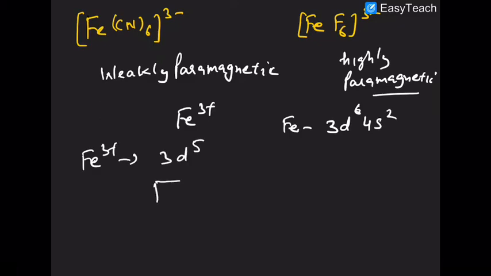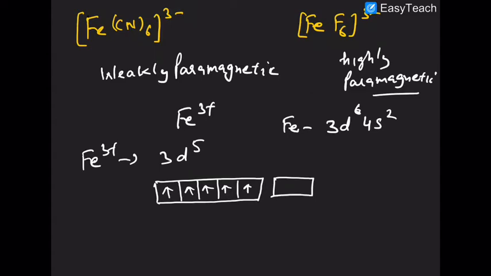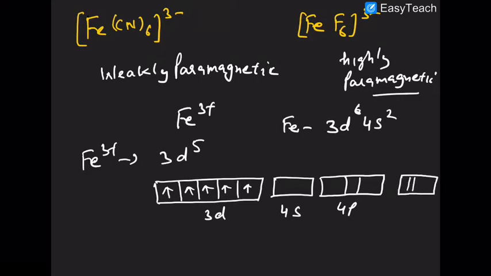So that will be the outer orbital picture of iron: 1, 2, 3, 4, 5. That is 4s, that is 4p, and that is 3d. The 4d orbitals are empty.